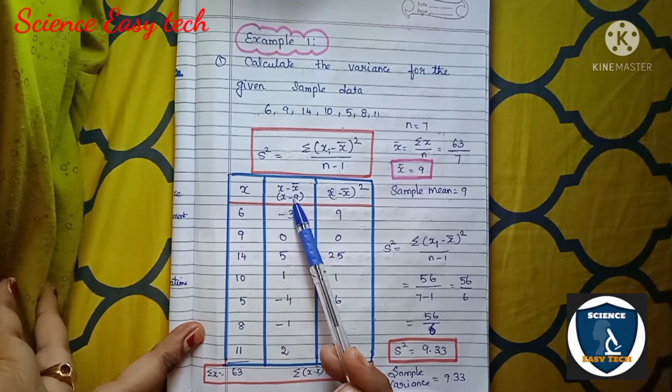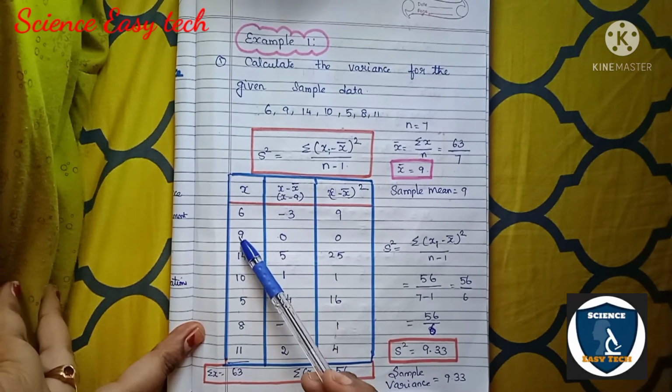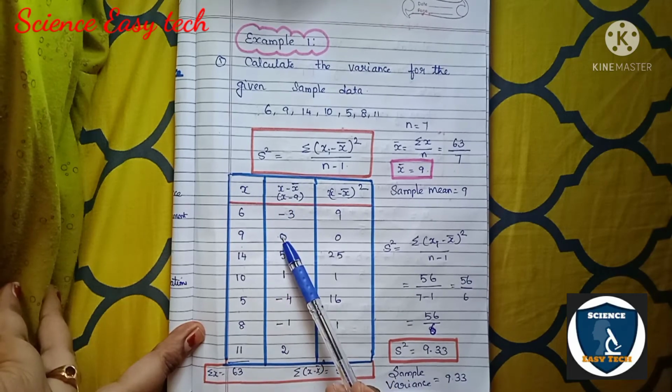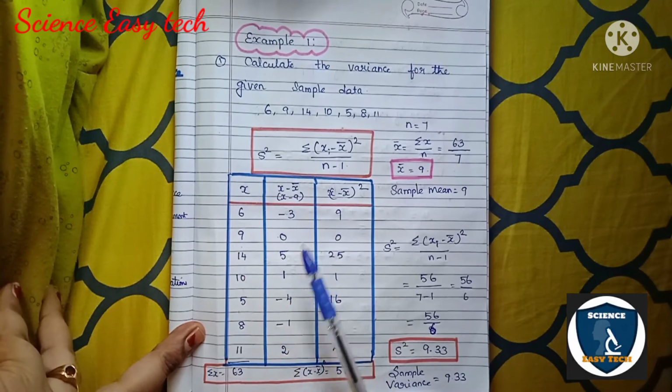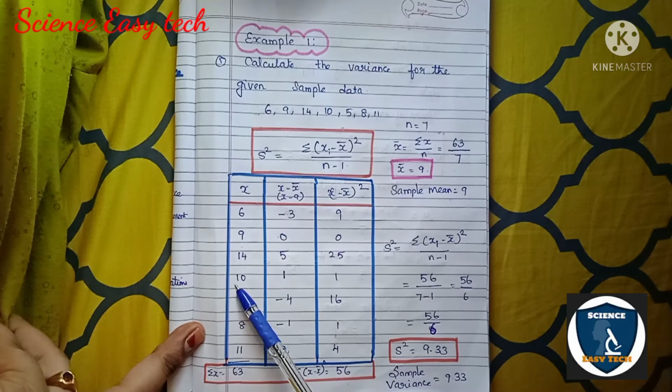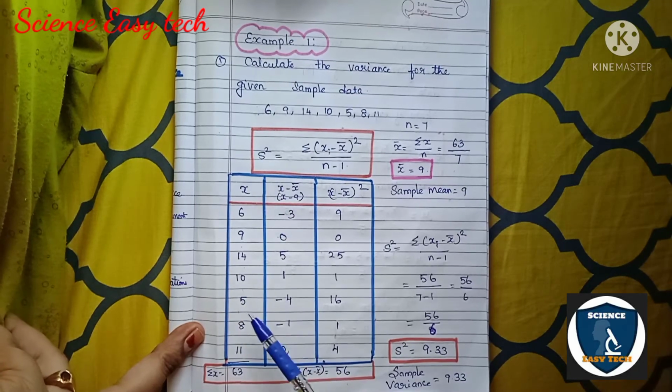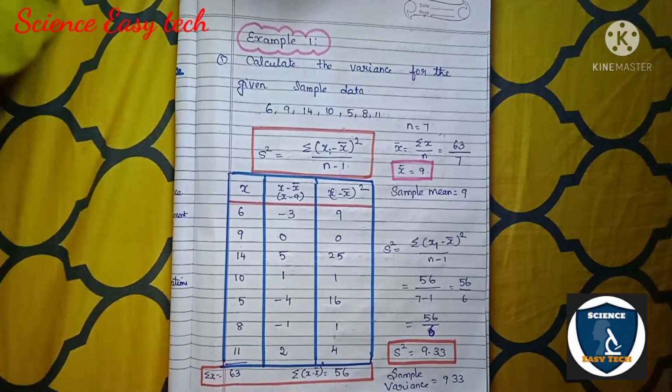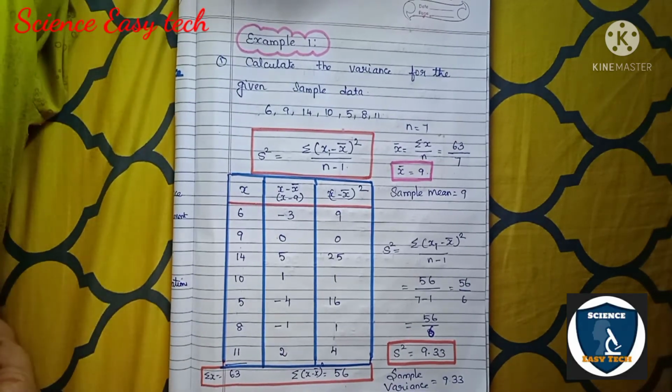So 6 minus 9 is minus 3. 9 minus 9 is 0. 14 minus 9 is 5. 10 minus 9 is 1. 5 minus 9 is minus 4. 8 minus 9 is minus 1. 11 minus 9 is 2. So you have found x minus x bar.